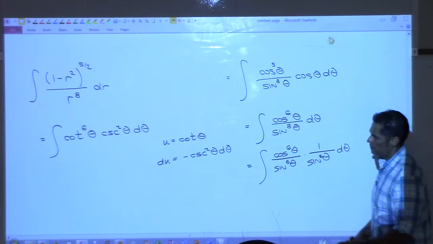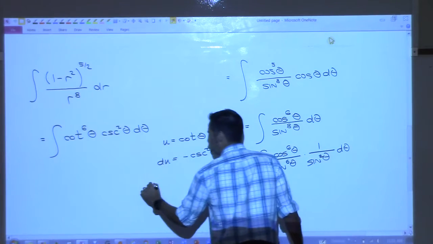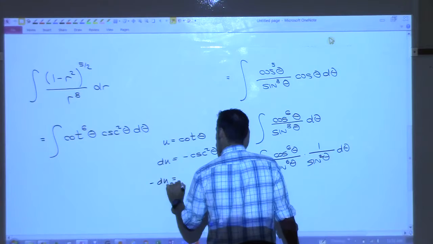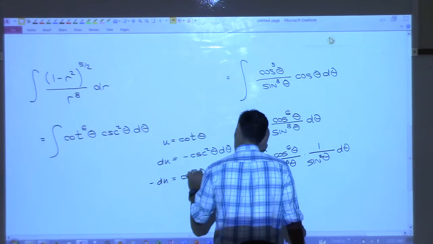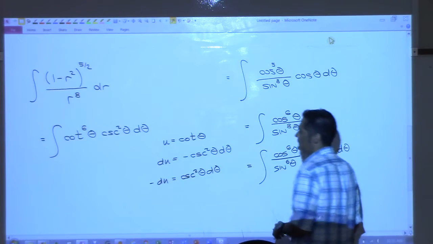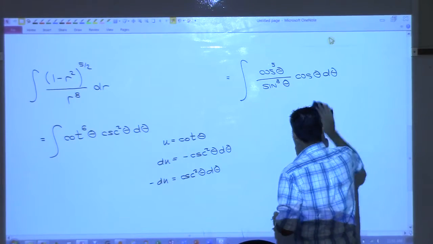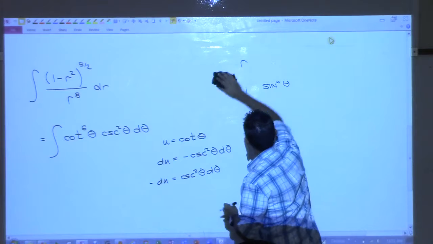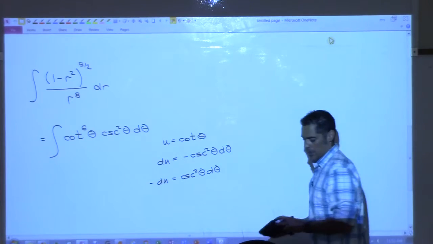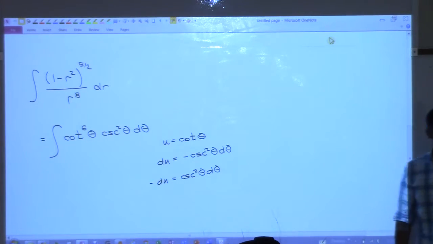And so we're off by a sign, so I'm going to say negative du equals cosecant squared theta d theta. And I'm ready to rewrite the integral. Can I keep going? David?